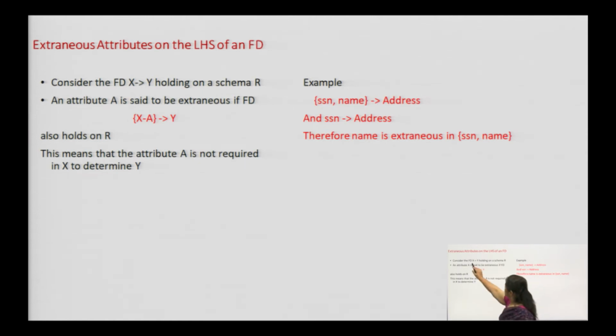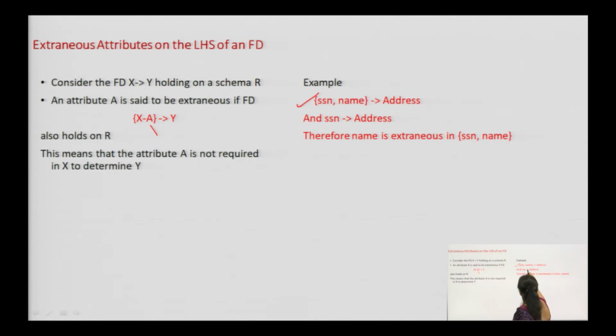So, consider the functional dependency X to Y holding on a relation schema R. An attribute A in X is said to be extraneous if on removal of the attribute A, the functional dependency still holds, then obviously A is redundant or extraneous. For example, here we have the functional dependencies SSN name to address and SSN to address.